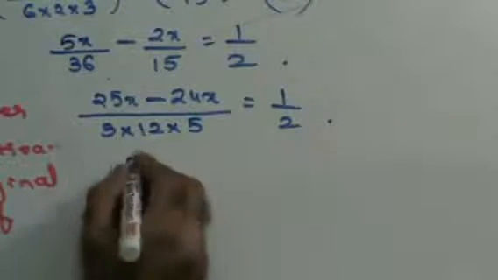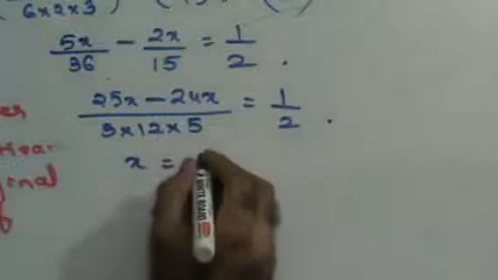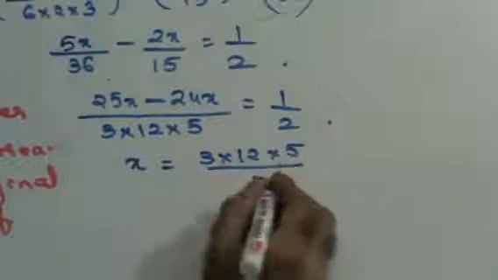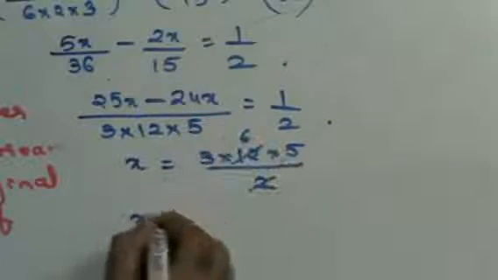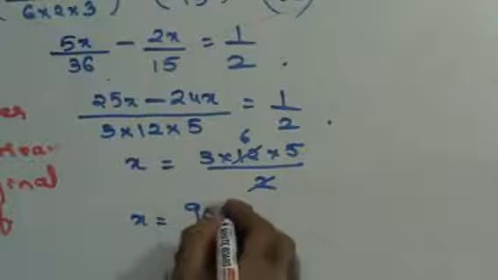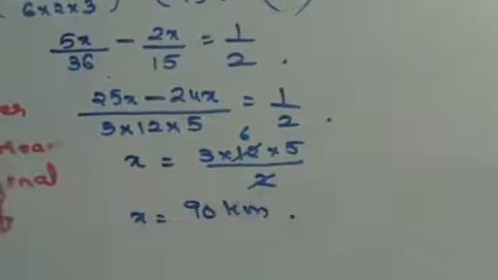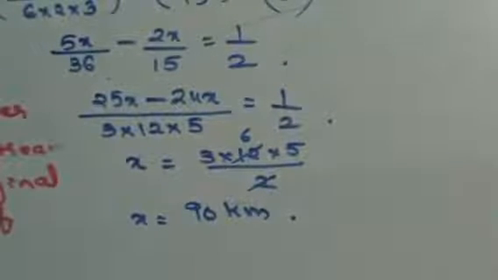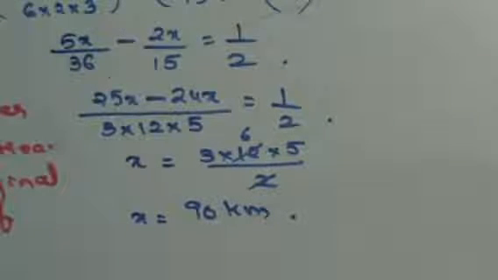So this is going to be x is equal to 3 into 12 into 5 upon 2. 6 5s are 30, 3 3s are 90 kilometers. The distance between A and B is 90 kilometers. Fine, do we get this thing here? Next, let's move on to the next one, guys.